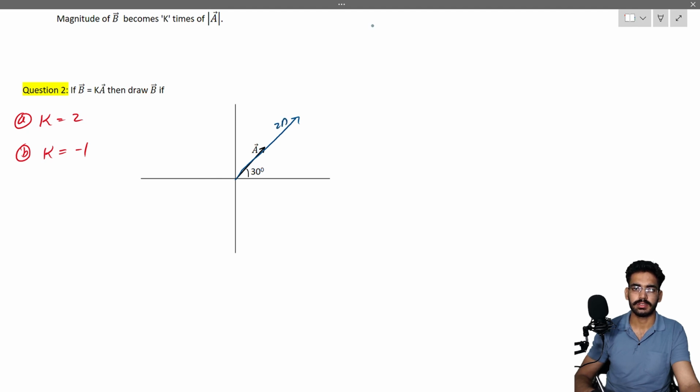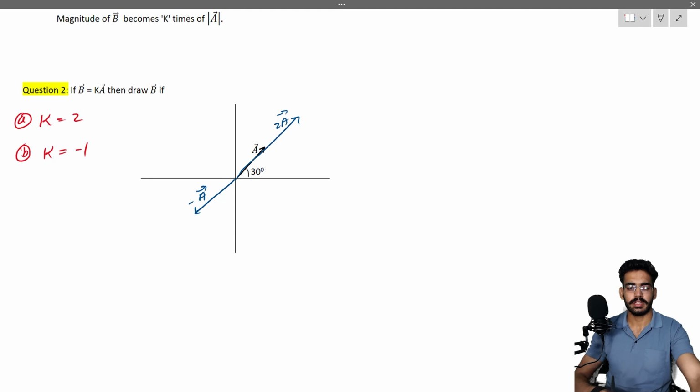So this will be your 2a vector. Multiplying by minus 1 means the same magnitude but the opposite direction. So this is your minus a vector. This is how you answer part a and part b.